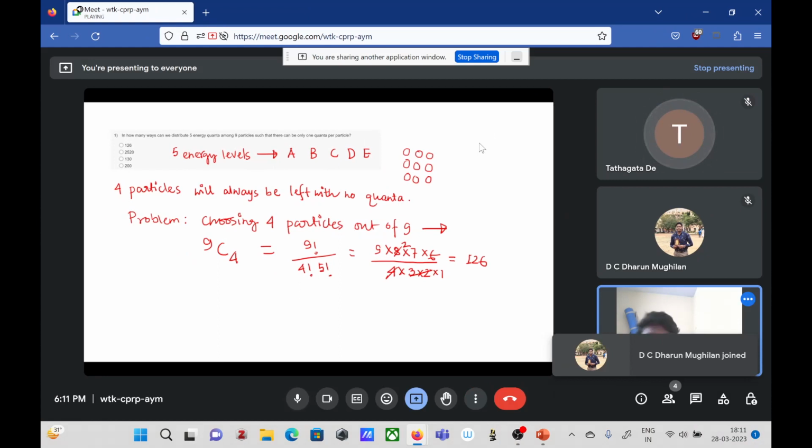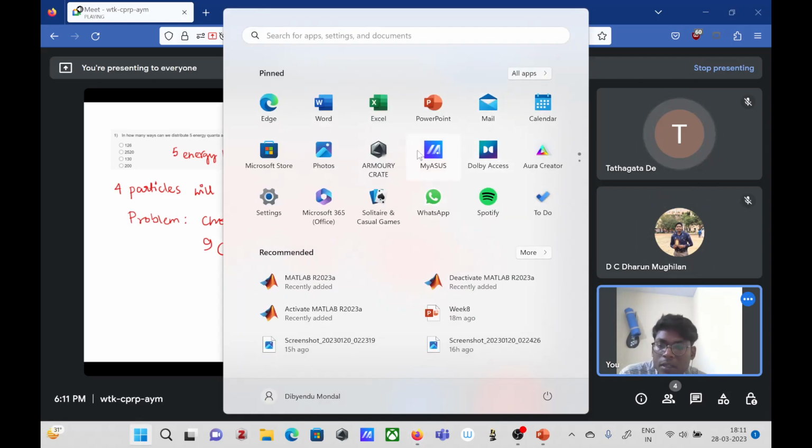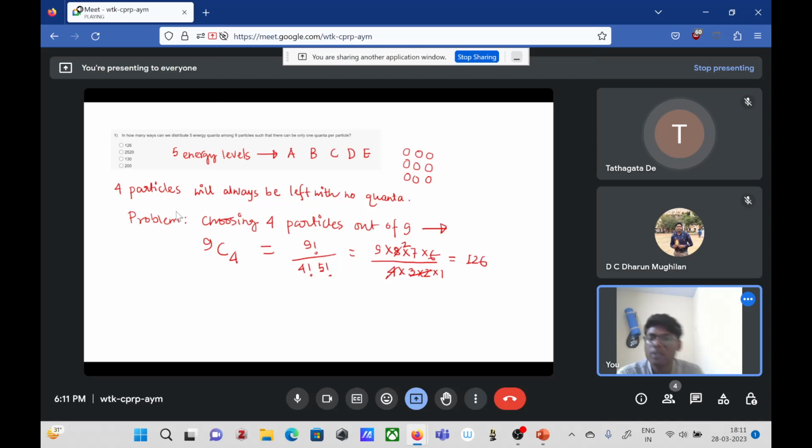Hi Mukhilan. Hi, sir. Okay, so we are just discussing this problem. It says, in how many ways can we distribute 5 energy quanta among 9 particles such that there can be only one quanta per particle.